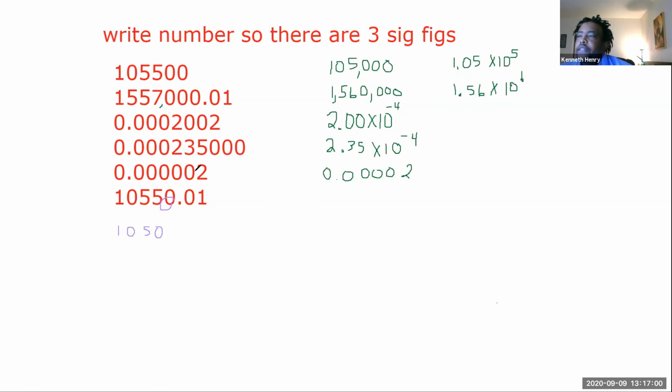Okay. What about the last one? Why does it stay the same? It stays the same because it only has one significant figure. So you can't give it more significant figures if it only has one. Oh, okay. It's kind of like, I can say I'm a millionaire, but if I only have $1 to my name, am I really a millionaire? Got it.